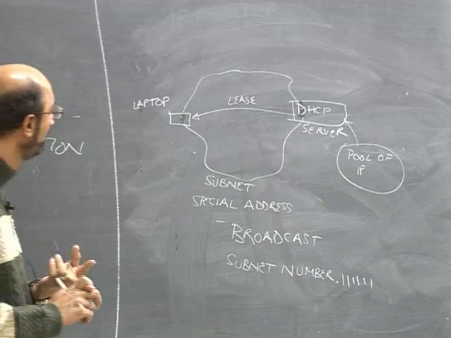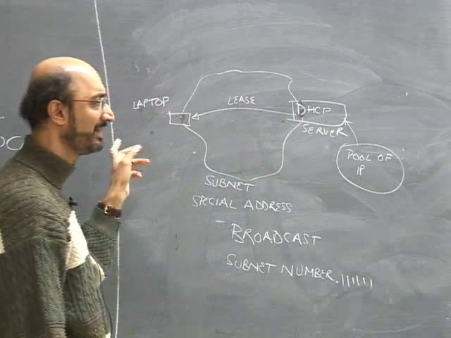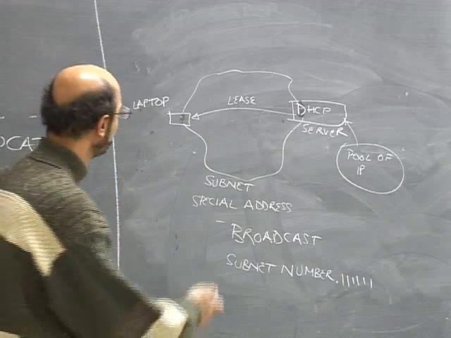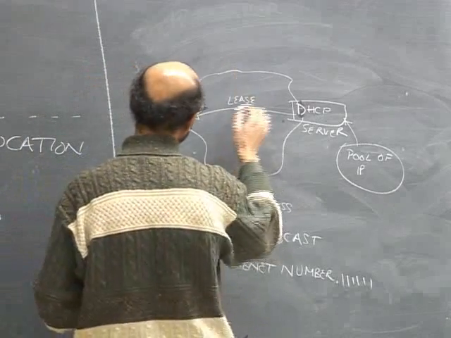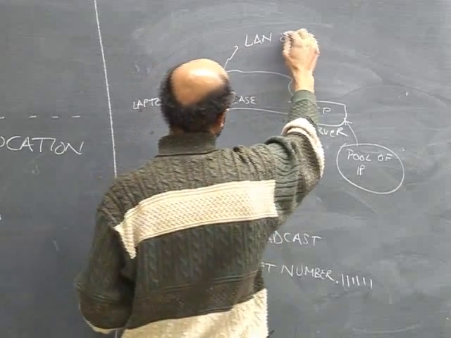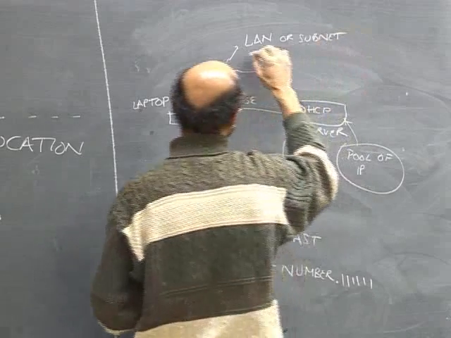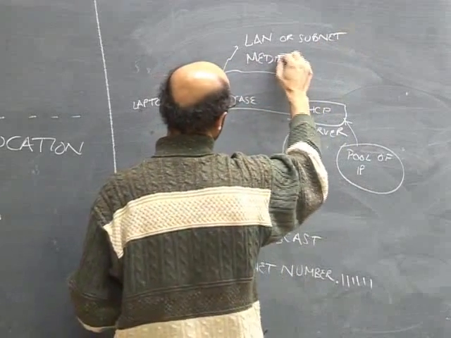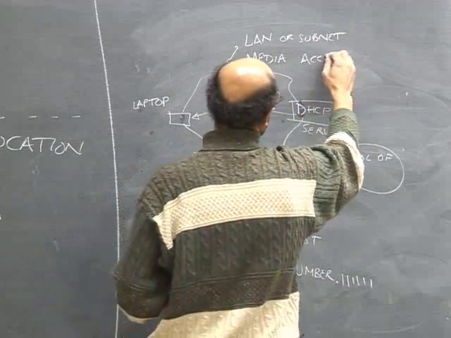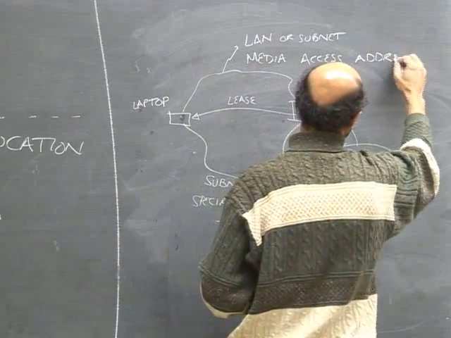The second one is, well, if it didn't have an IP address, how did it get from here to here in the first place, right? And the way it works is that at the LAN or subnet level, we have a different address, and we call that the media access address. We'll talk more about that later when we talk about the link layer.